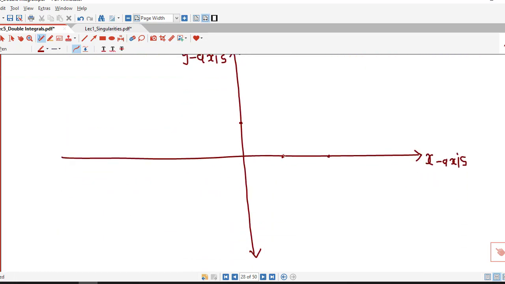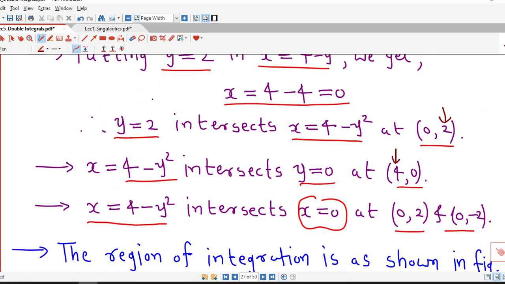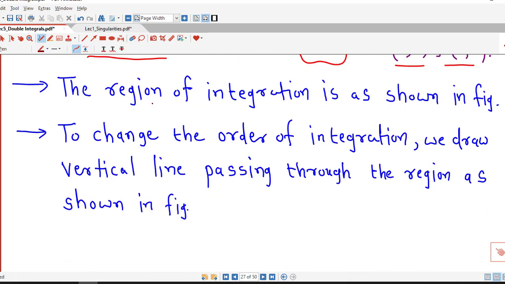So suppose this distance is 2. So this point is (2, 0) and this point is (4, 0). And suppose this distance is also 2. So it is the ordered pair (0, 2). X-axis means y equal to 0 and another lines are y-axis which is x equal to 0, and y equal to 2 and x equal to 4 minus y square.